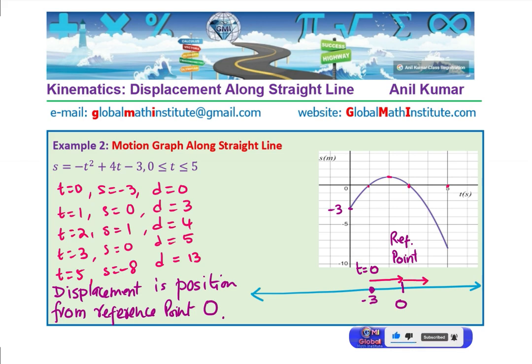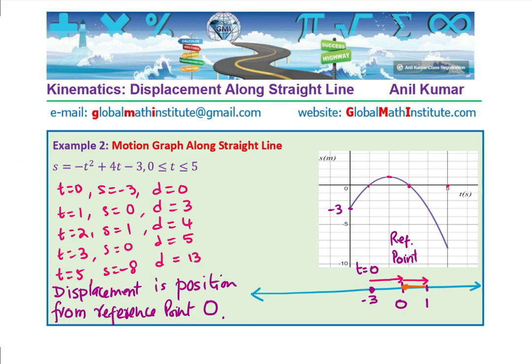So this is where it reaches displacement of 1. And then the next second, it comes back to 0, right? So it covered 3 units and 1, 4 units. And then it comes back, so let me draw it with another line here. It comes back like this. You see that? Comes back.